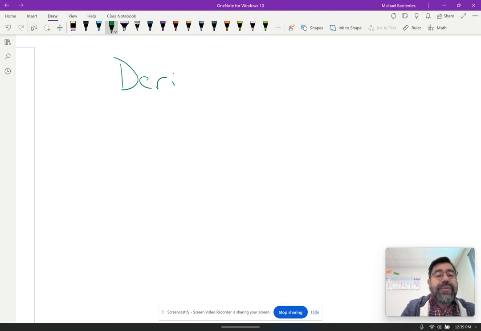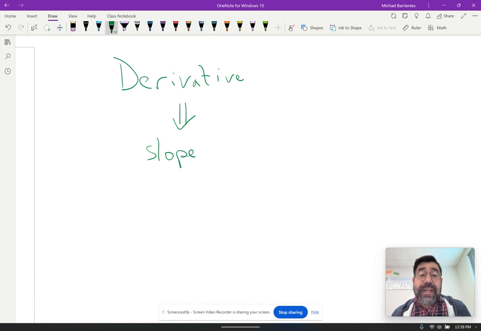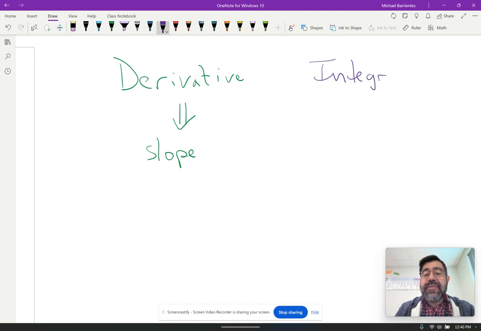So here we have the derivative, which was what all the fall semester was about. The derivative at its very core is just the slope. It's a rate of change. It's telling me how the function is changing at any given moment. Whereas the integral is about accumulation, and we usually think of accumulation in terms of area.